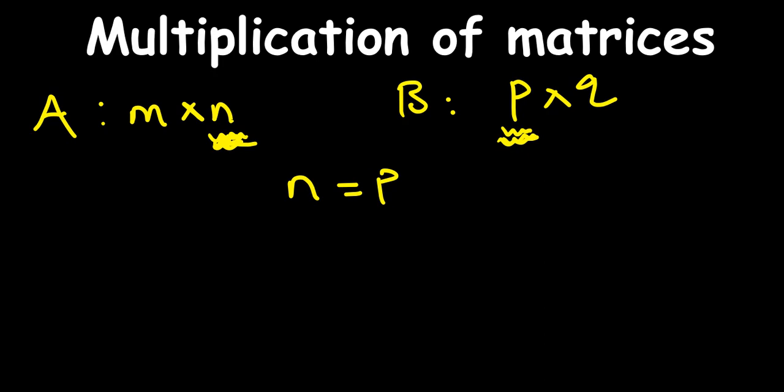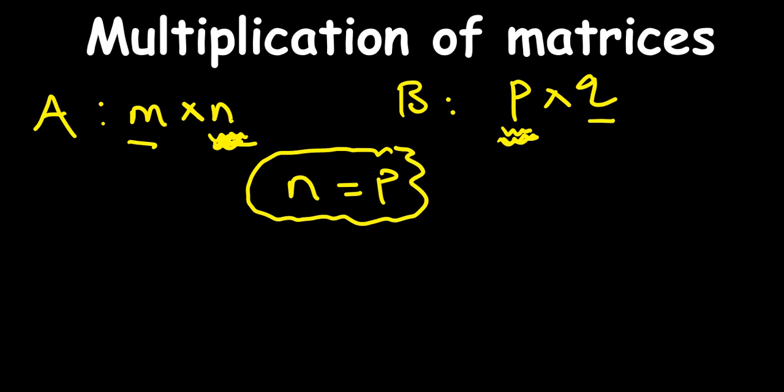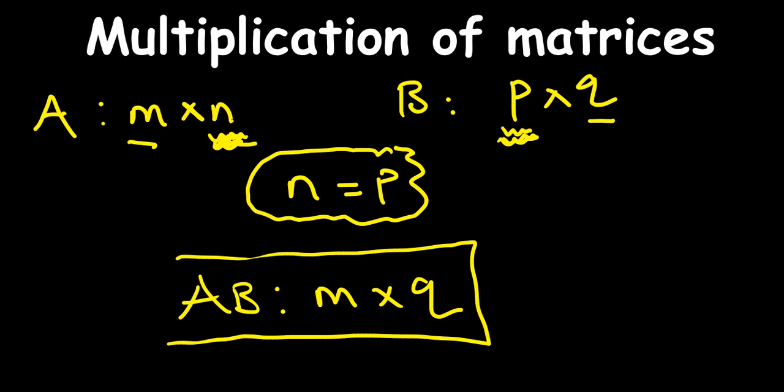If I have matrices A and B and I want to find their product, the order of the matrix you get after you multiply A by B will be m multiplied by Q, and this product can only exist if n is equal to P.